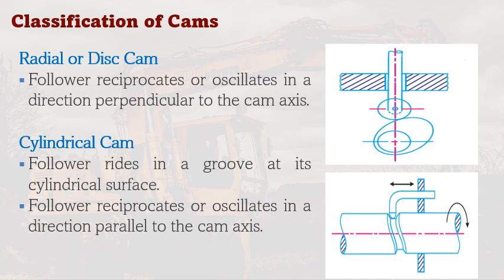So the difference between the two is the motion of the follower, whether it is perpendicular, so it's called radial, and if it is parallel, they are called cylindrical cam. So you can see here the radial cam, and then we have a cylindrical cam.